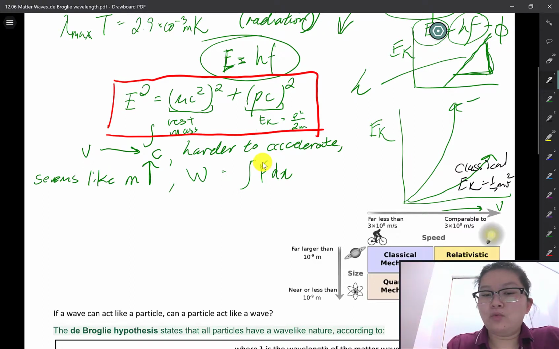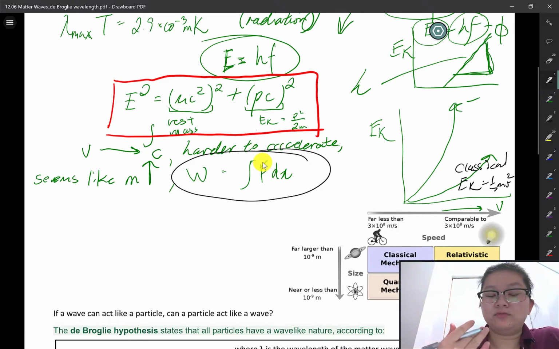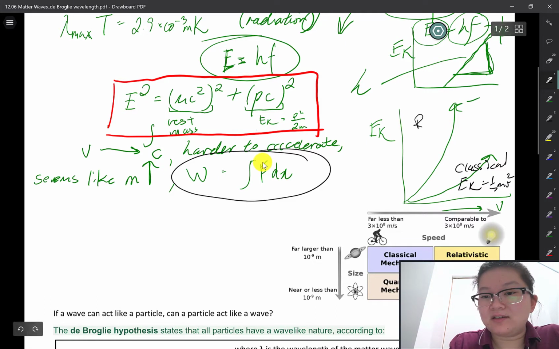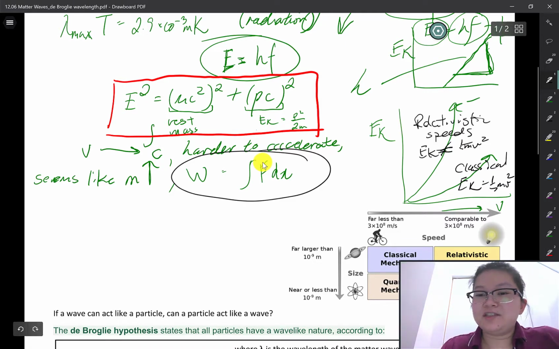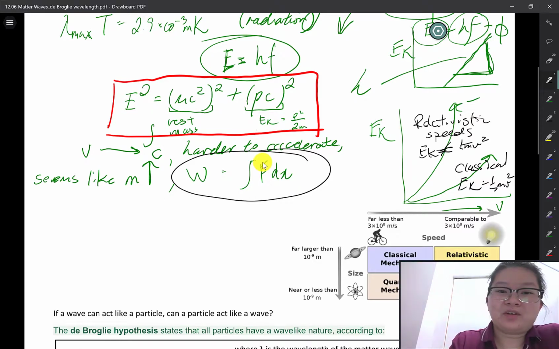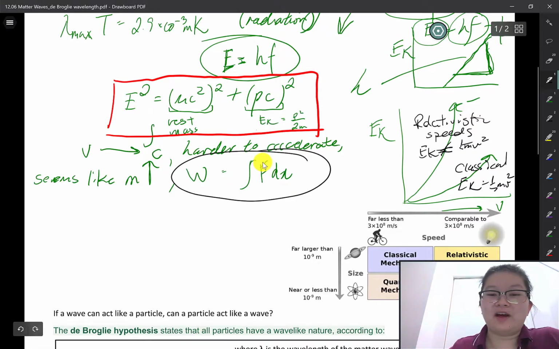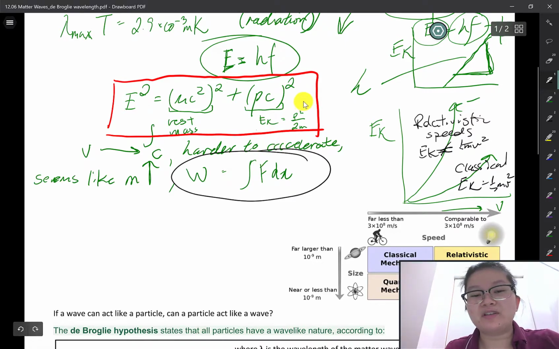But to model this idea, that the faster the particle is, the harder it is to accelerate it, it looks like this on this diagram. For relativistic speeds, this deviates from our classical model. So this term over here, you might feel a little uncomfortable with that one, but that's just because the particle is moving really fast.